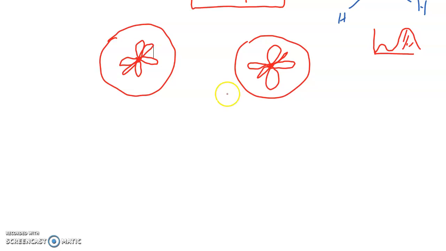What they say is the s orbital can combine with the p orbital, and that is called orbital hybridization.